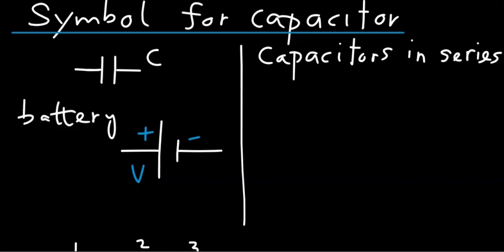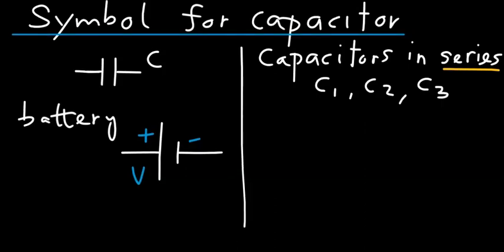Now let's represent capacitors in series. Let's assume we have three capacitors, C1, C2, and C3. So how do we connect them in series? Series connection of capacitors is as follows. They will appear side by side to each other, like that.